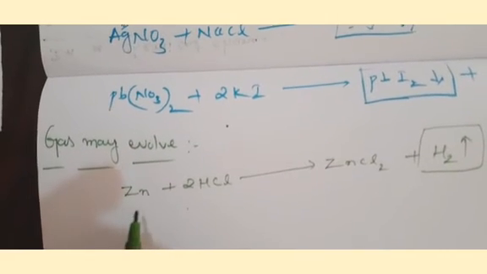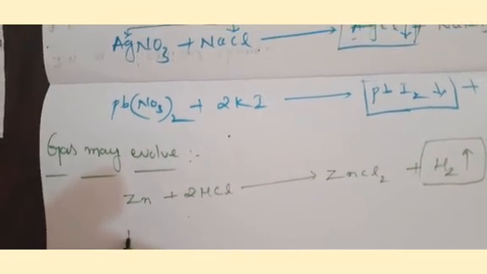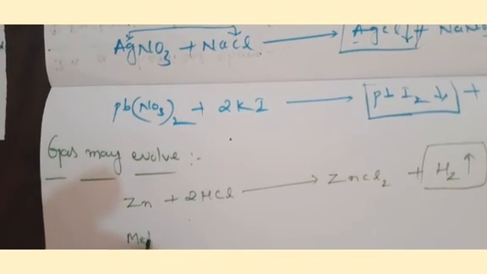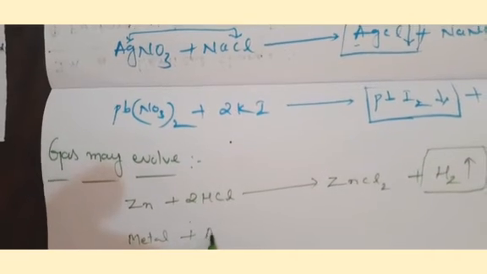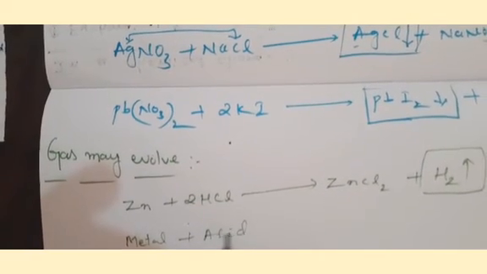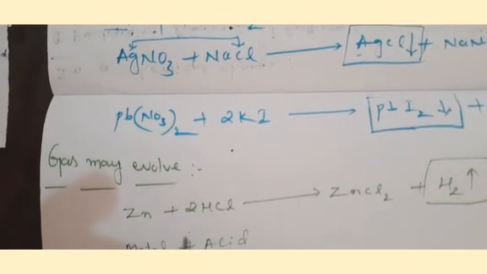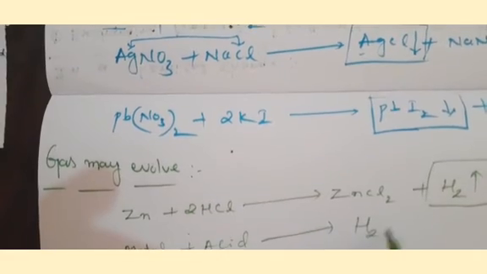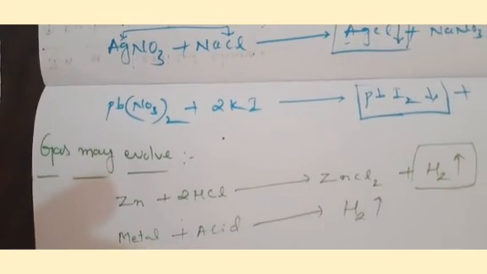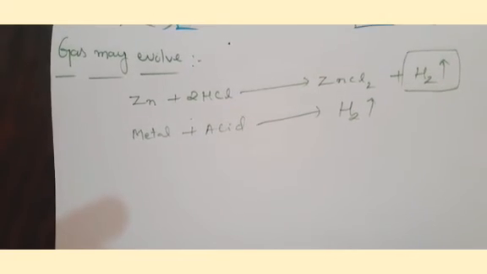Here, generally, zinc is a metal. Metal plus acid: if you take any acid, if you add the metal to the acid or acid to the metal, hydrogen gas will liberate. Understood?